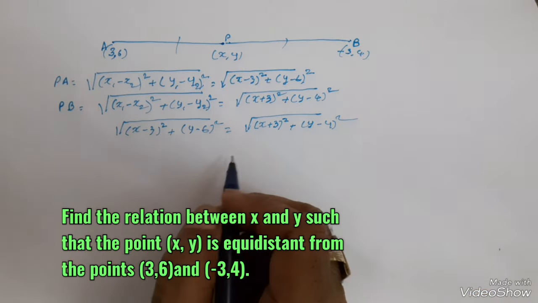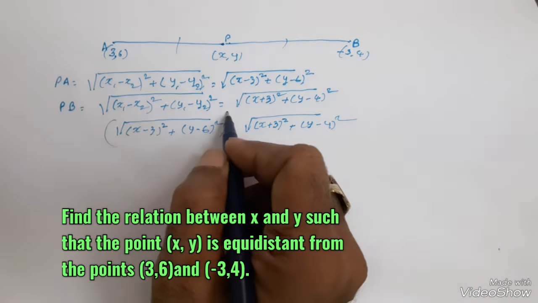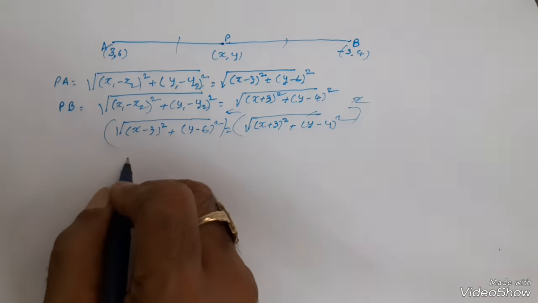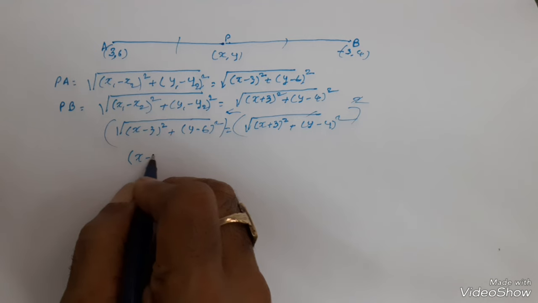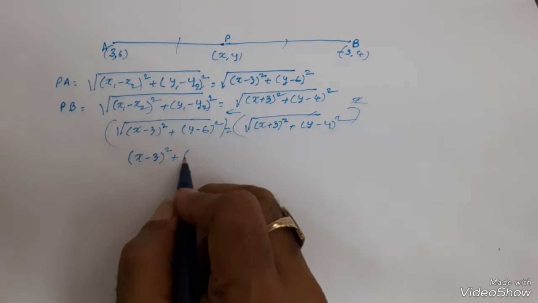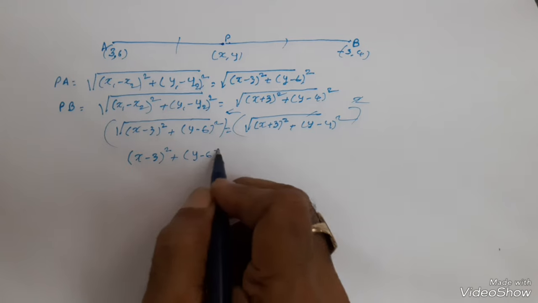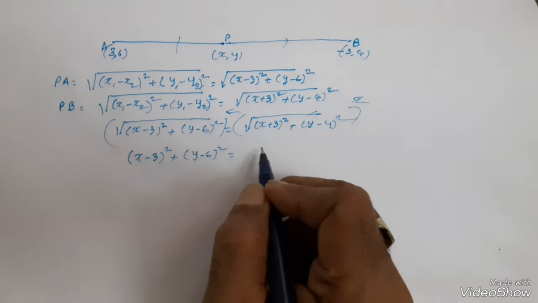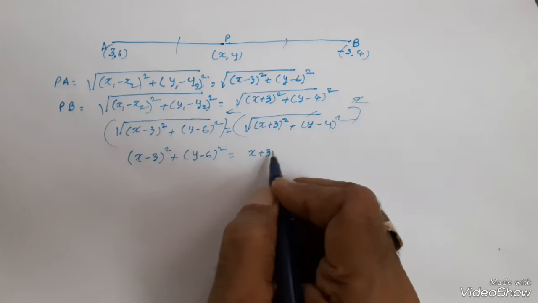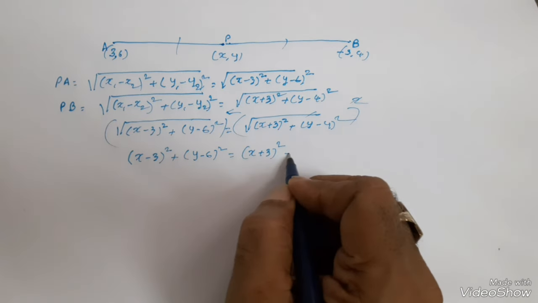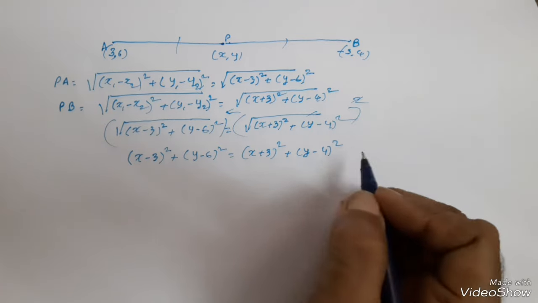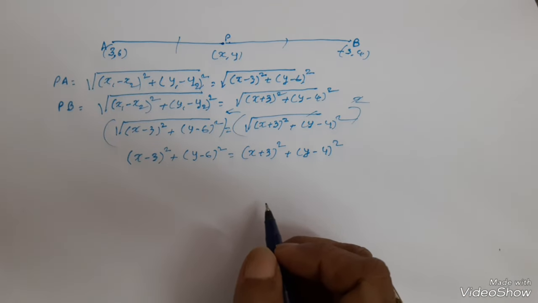Then if you square on both sides, the square roots cancel. This side we get (x minus 3) whole square plus (y minus 6) whole square equals, this side, (x plus 3) whole square plus (y minus 4) whole square. Now you simplify.